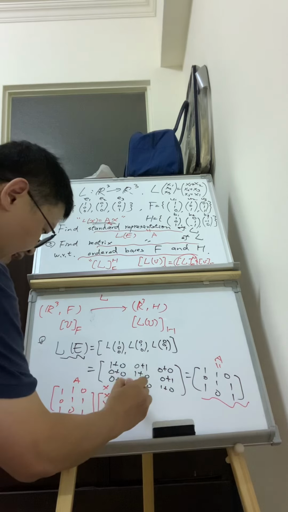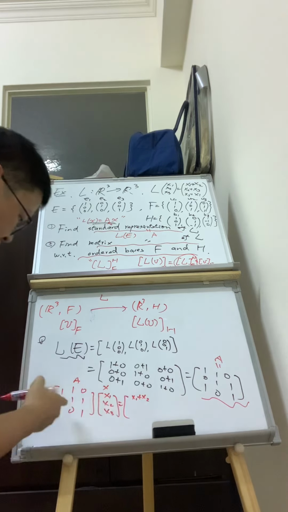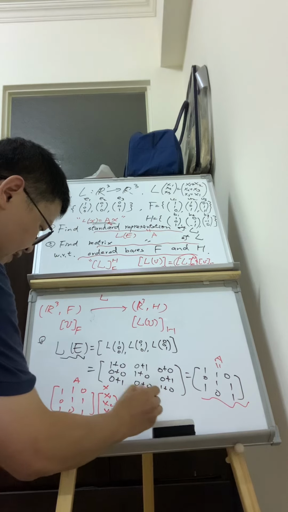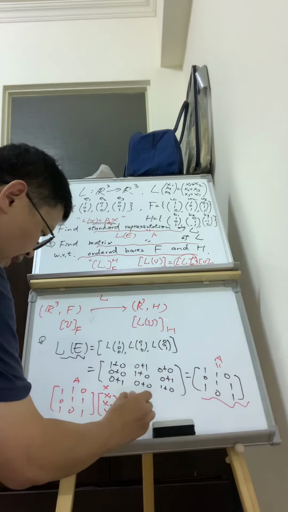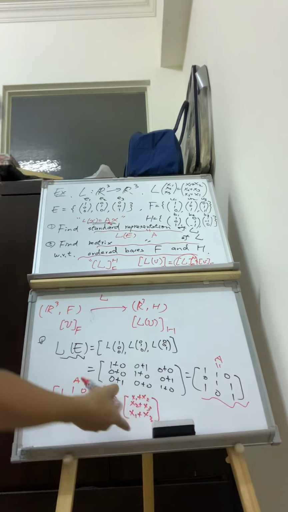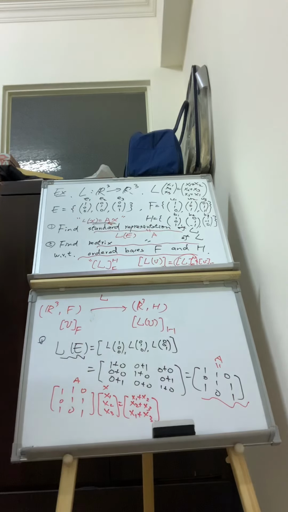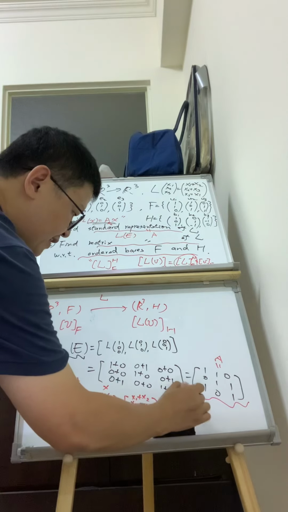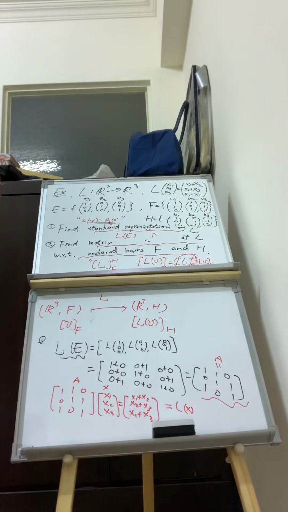You will get x1 plus x2 in the first coordinate, x2 plus x3 in the second coordinate, and x1 plus x3 in the last coordinate. And then it's exactly the map L, so indeed it's our L(x). Okay, so that's the first question, the standard representation of L.